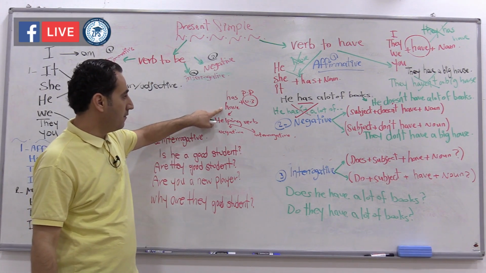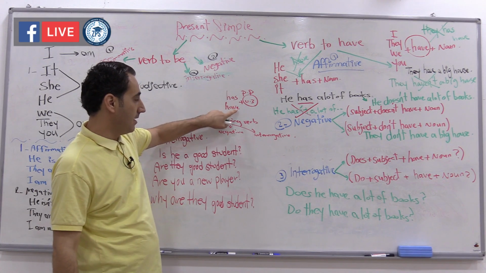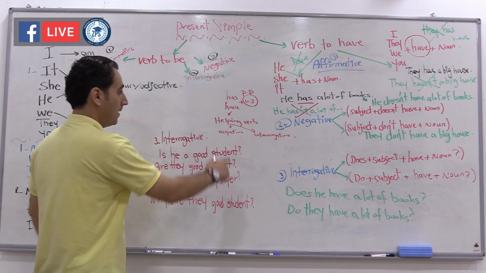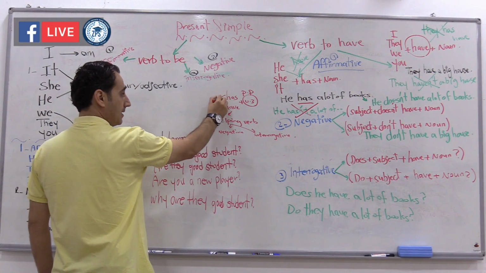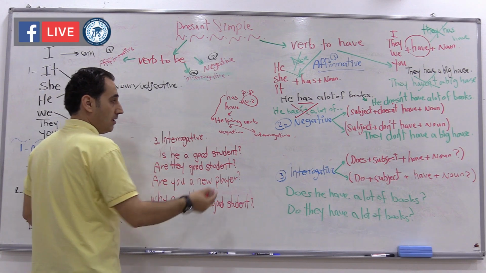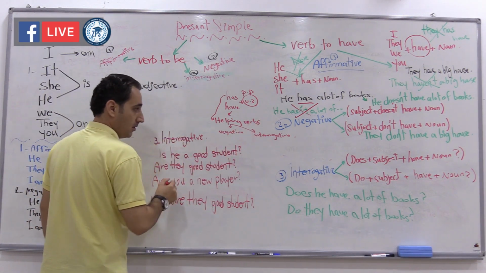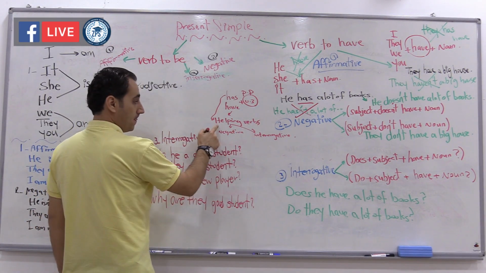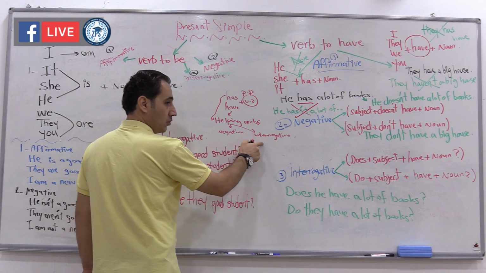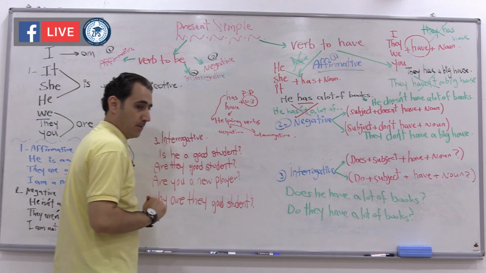If you find has and have, and after has and have you find verb 3 or PP, so has and have are helping verbs. So if they are helping verbs, it means that they can become a negative form and interrogative form.